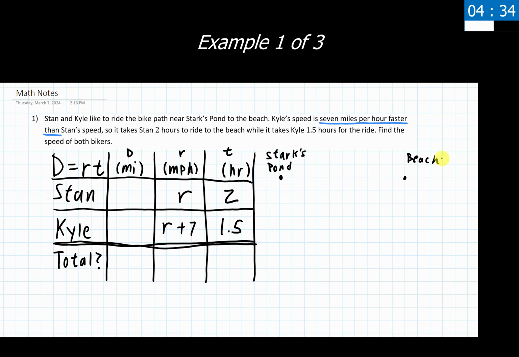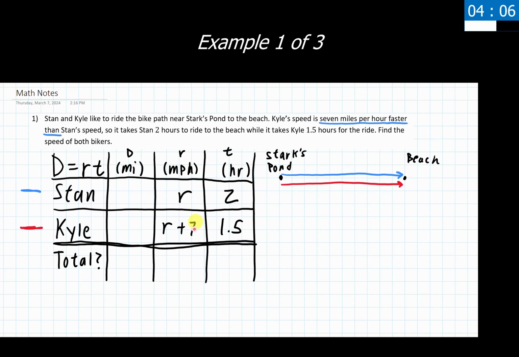We'll do Stan in blue, and we'll do Kyle in red, just for the sake of seeing those. So Stan is starting at Stark's Pond, and he is traveling to the beach. And then Kyle is traveling to the beach also.